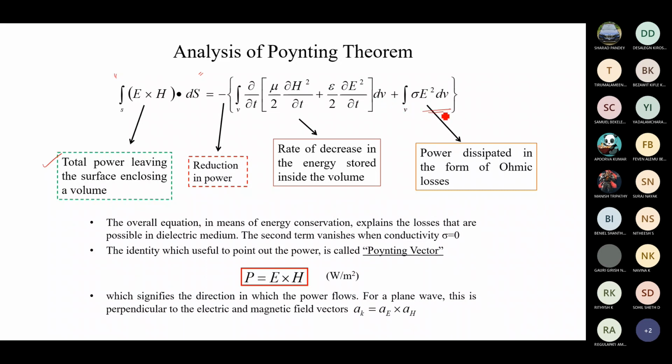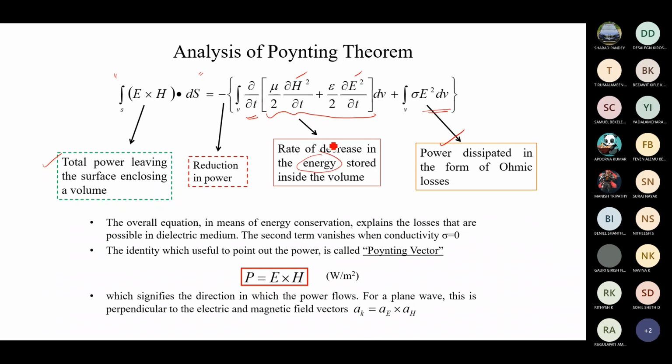The first one doesn't have any time dependency, and it tells how the power is dissipated in the medium. Therefore, the remaining power is available within the medium itself, and that is the stored power, which has a differential term. Therefore, this term is going to be the energy, the rate of change of energy due to the electric and magnetic field within the given volume.